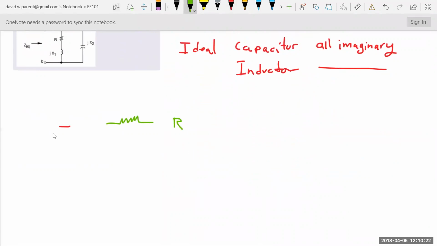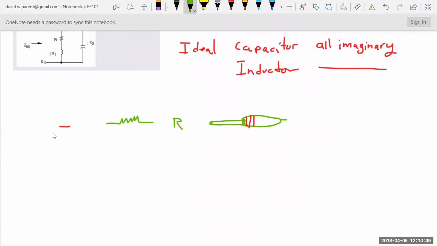Right, this is an ideal resistor, right? But the thing is a real resistor has real parts, right? There's a wire, then you have this kind of bubble-like thing with your color codes and things like that, right?